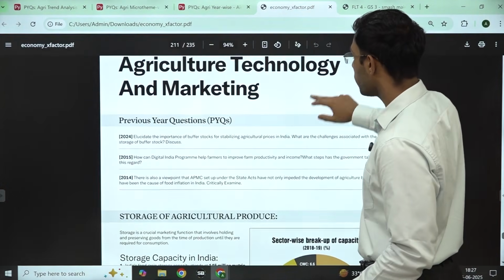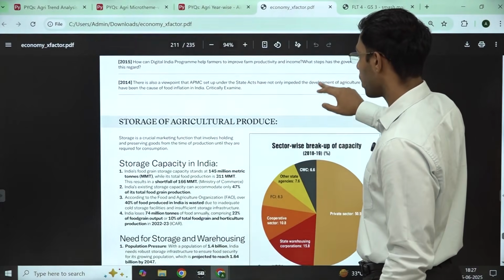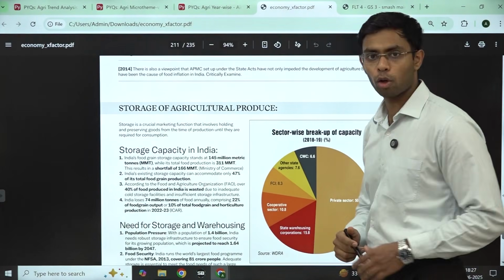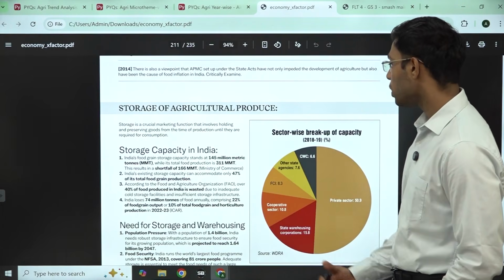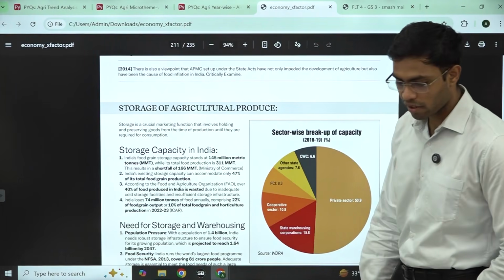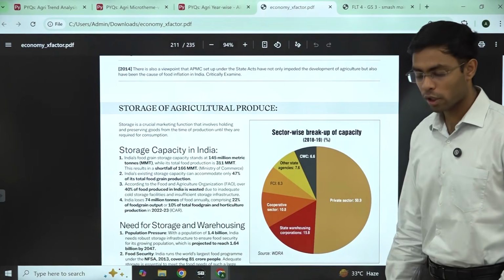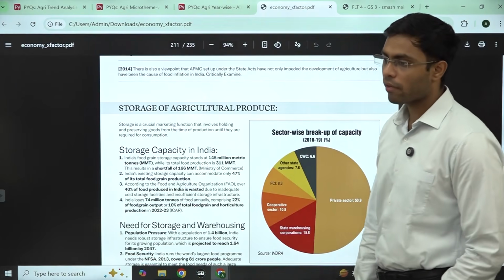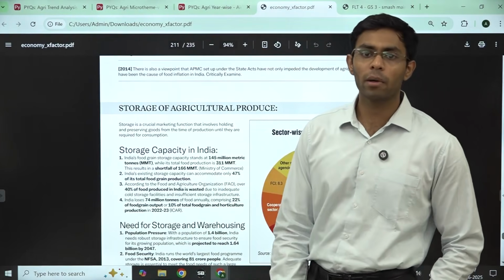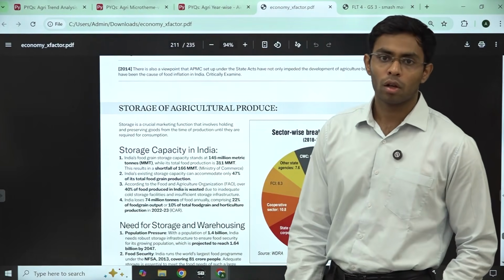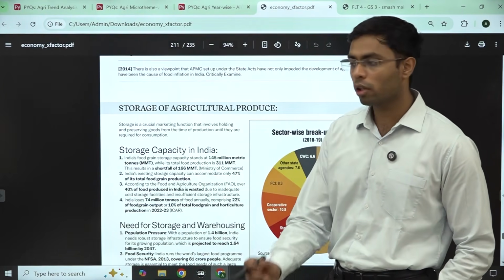So agriculture, technology, and marketing is a topic, and now there are going to be different dimensions of that topic, right? So we have storage of agriculture produce. Now how is technology going to be used in storage? For example, we know that once the produce is being sold, there is a lot of risk of diversification towards the black market, etc. So now we know that GPS-enabled tracking of these trucks has been done. This is a use of technology in reducing the leakages, right?